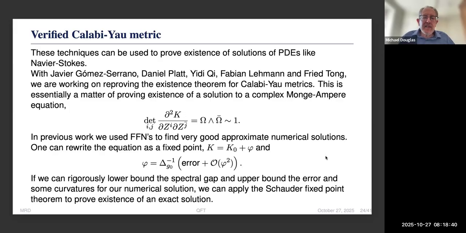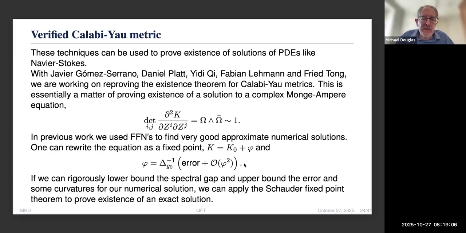Again, this could be the topic of a whole talk in itself, but this is within the range of these verified numerical techniques to reprove examples of this theorem, basically to take a numerical approximate metric and try to use a fixed point theorem to show that, yes, nearby there really is an exact Ricci-flat Kähler metric, and then we're going to compute the estimate.